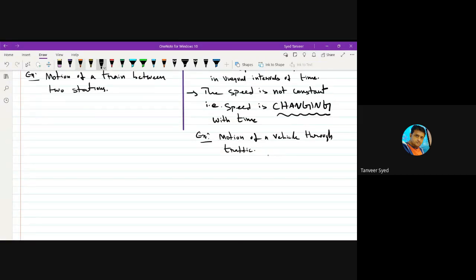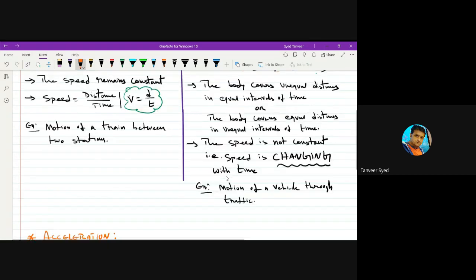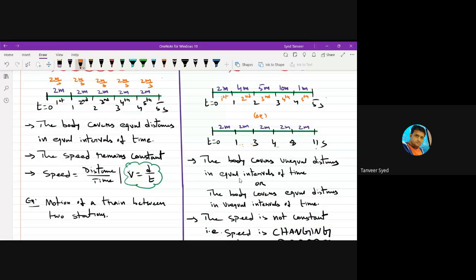Acceleration. Try to understand this term very clearly. What is this? But before we go to acceleration, one more point here.